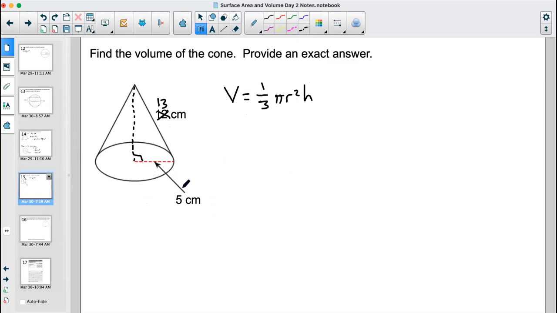Now I know the radius is 5, so it's 1/3 pi times r squared. 5 squared is 25. Now I have to find the height, and I can do it like I found the slant height before, just rearranging the terms in the Pythagorean theorem. So 5 squared plus h squared equals 13 squared.